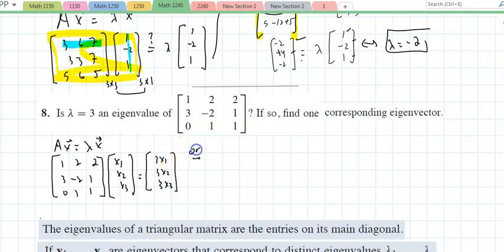Or I could say, let's take A minus lambda I. It turns out that's really the key. Set it equal to 0 and solve. Well, A is right there.